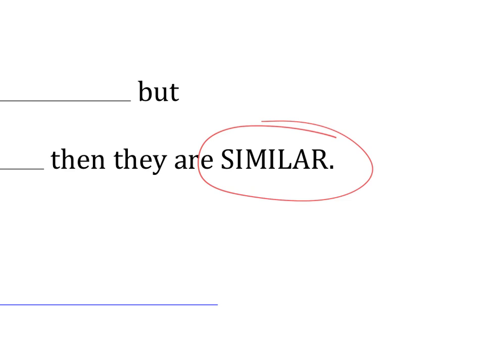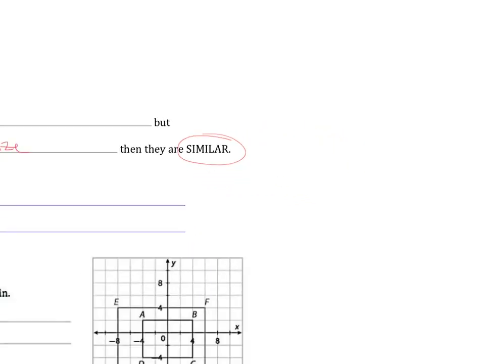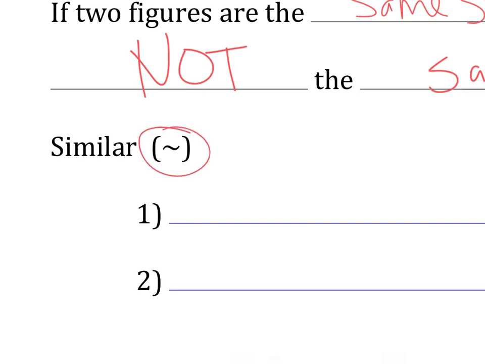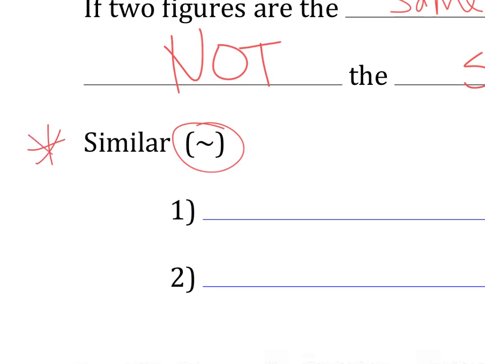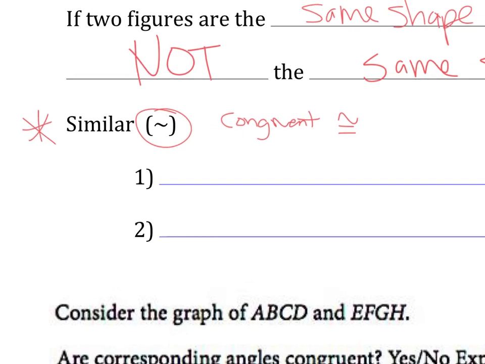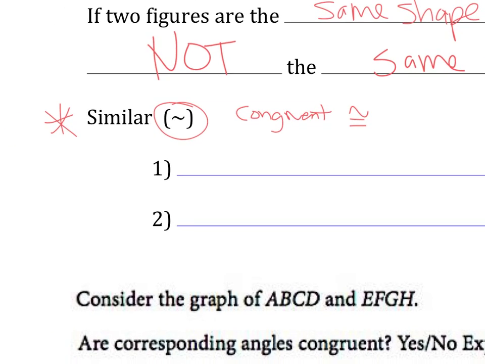They might look like they're the same exact shape, but one's bigger and one's smaller, then they are called similar. And this is going to get a little confusing because the sign for that is this little squiggly line right here. Two things that are similar, we use the little squiggly line. It's going to look very similar to congruent. Congruent looks like this with an equal sign and a little squiggly. But similar is just the squiggly line.